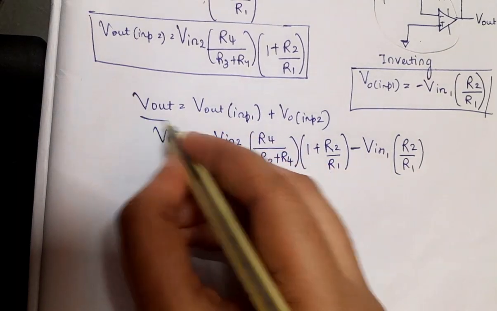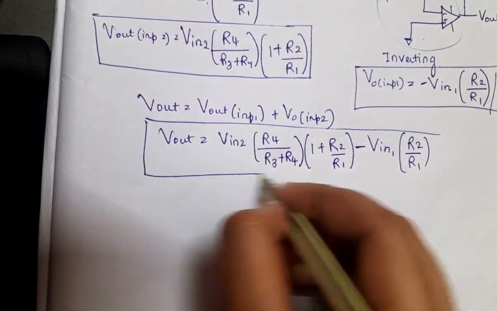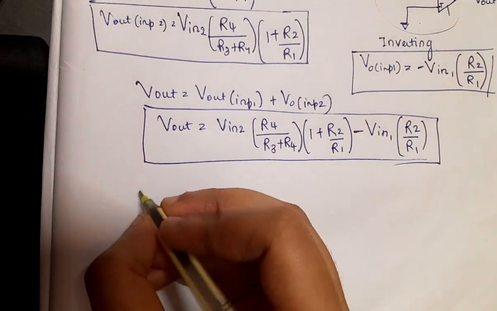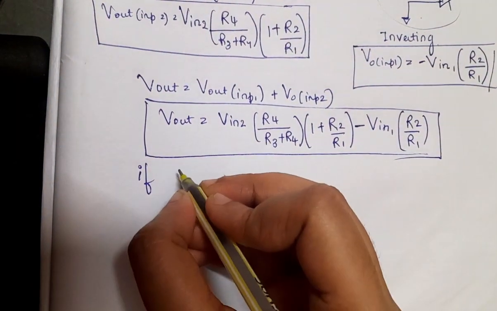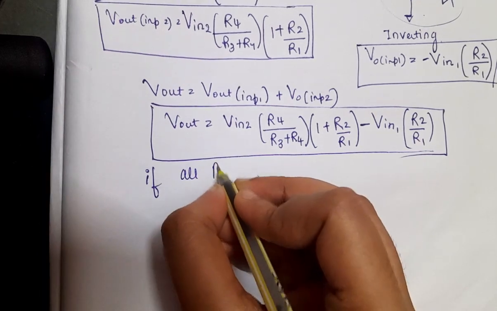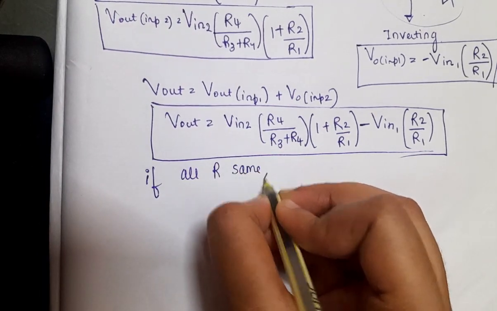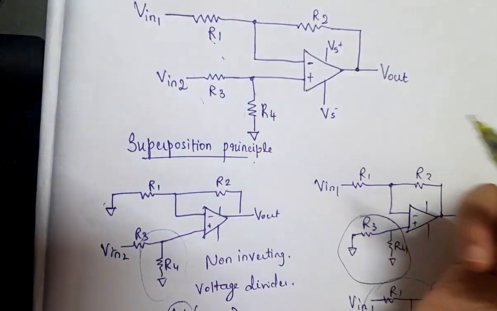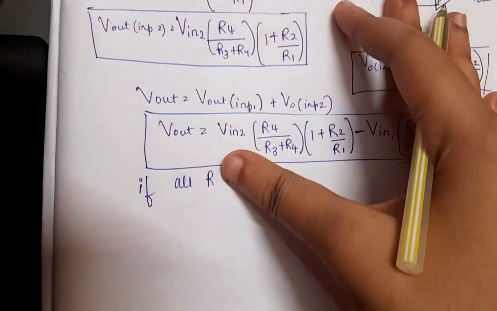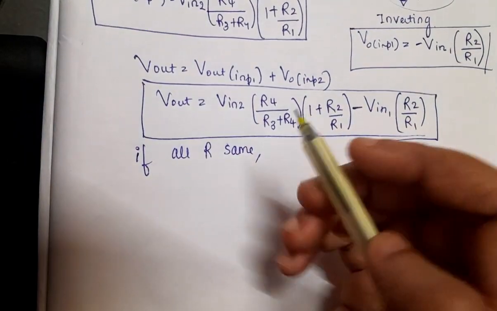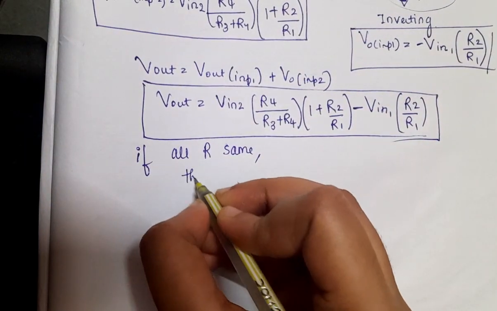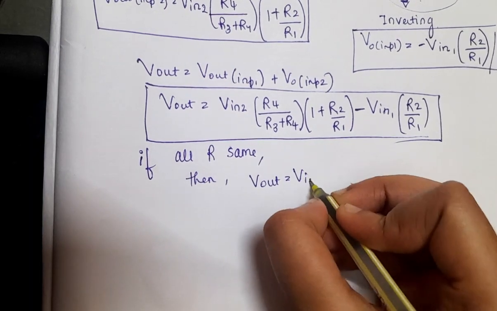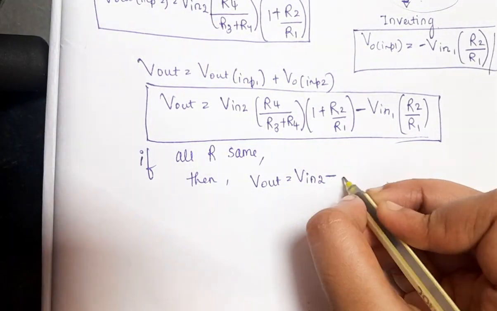This is the final expression for our difference amplifier. Now let us take the condition if all the resistor values are the same, that is I will consider them as R, substituting all these resistors as R. What we get, we have to just substitute the R in this equation. We get simply Vout equal to Vin2 minus Vin1.